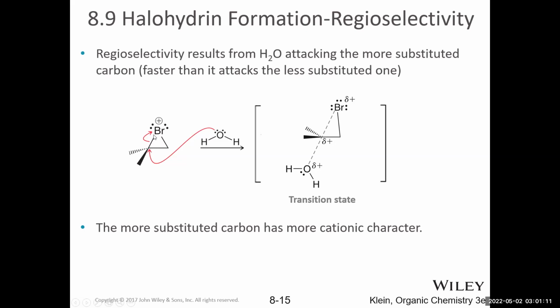If this bond starts to weaken, then the electrons get shifted to the bromine, and there's less positive charge on the bromine, and the carbon starts to take on some of that positive charge. You can think of it as positive charge sharing. If these electrons get added to the bromine as a third lone pair, then it starts to have a partial positive charge instead of a full positive charge, and the carbon starts to take on a partial positive charge.